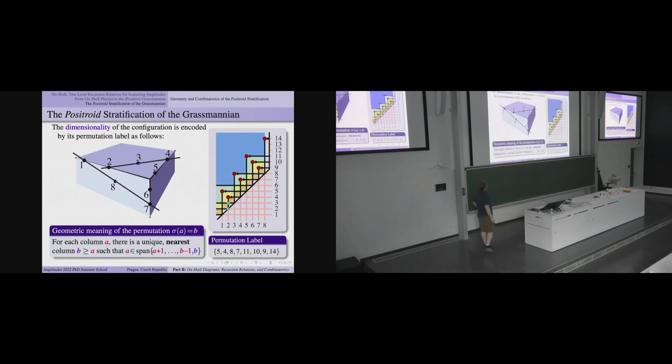Now, interestingly, this geometric picture also immediately tells us how to talk about the dimensionality of these configurations. Like, what is the space of k by n matrices, modulo GL(k), that satisfy these consecutivity constraints?